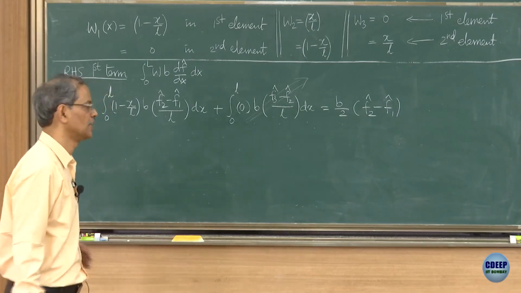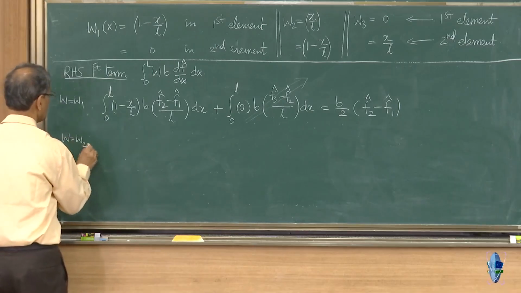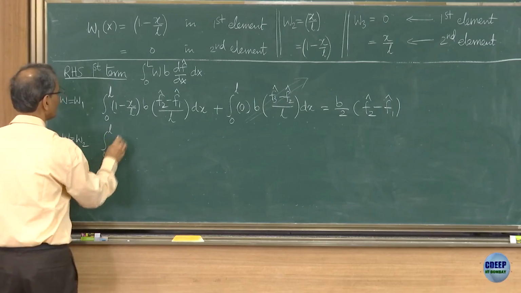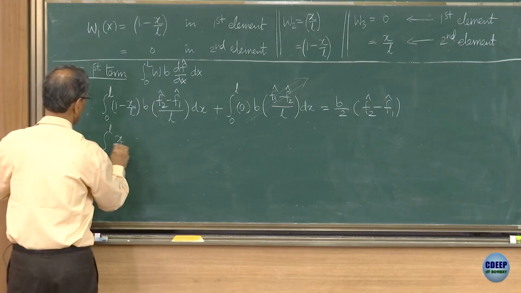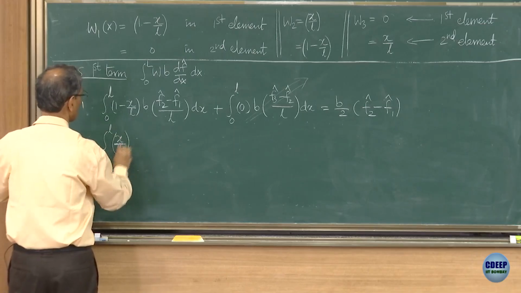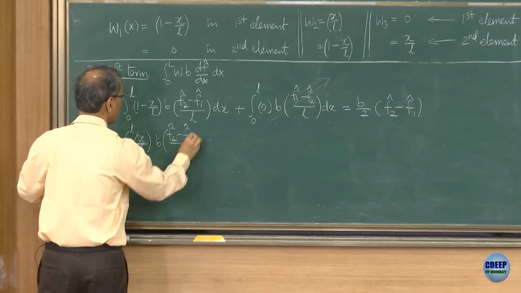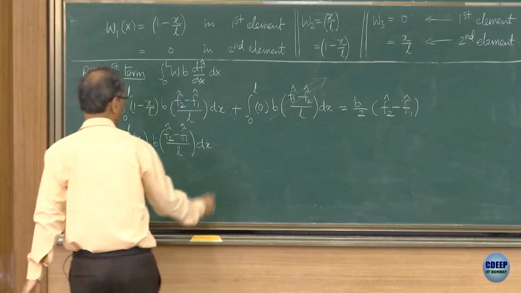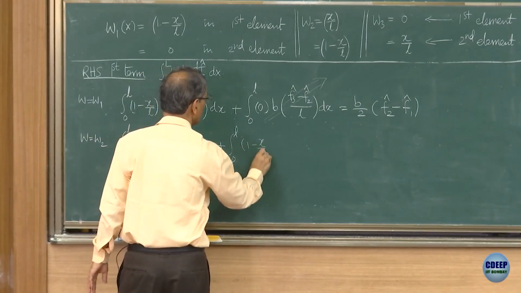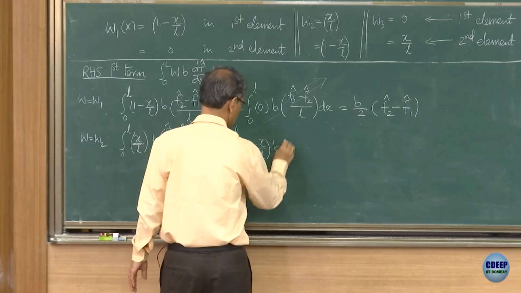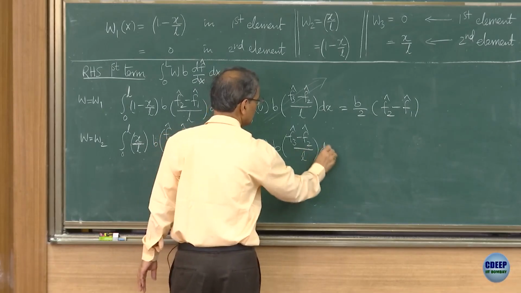Fine, check it. With respect to W2 now, integral 0 to L, in the first element W2 is x by L, B times (f2 hat minus f1 hat) upon L dx, plus 0 to L, 1 minus x by L in the second element, B times (f3 hat minus f2 hat) upon L dx.